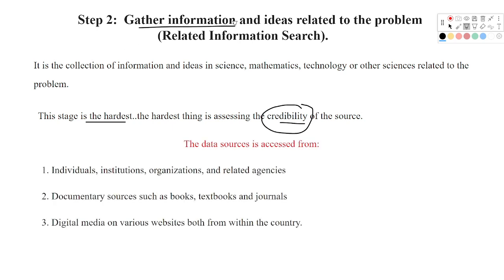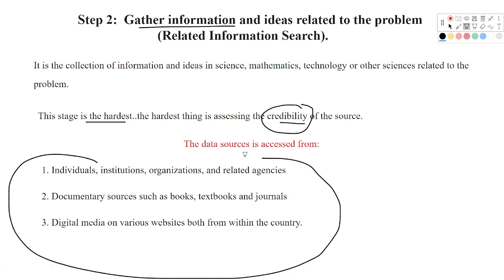Now, the data source is accessed from different places where you can gather information. The first is through individuals in your community. You can even conduct a one-on-one interview to get information.